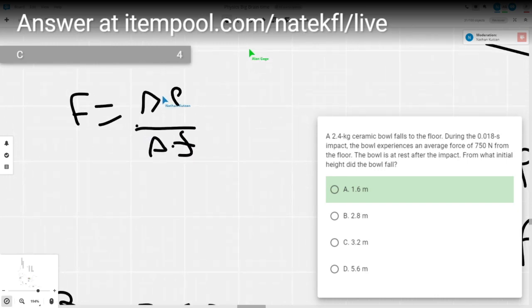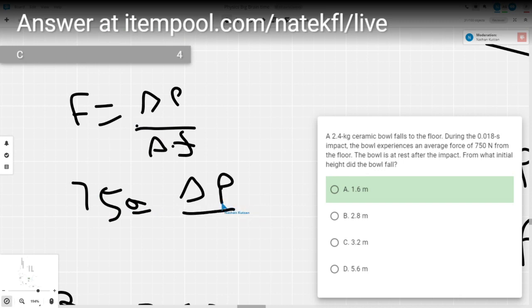So 750 is equal to the change in momentum over 0.018 seconds. We multiply 750 by 0.018, and that leaves us with change in momentum.